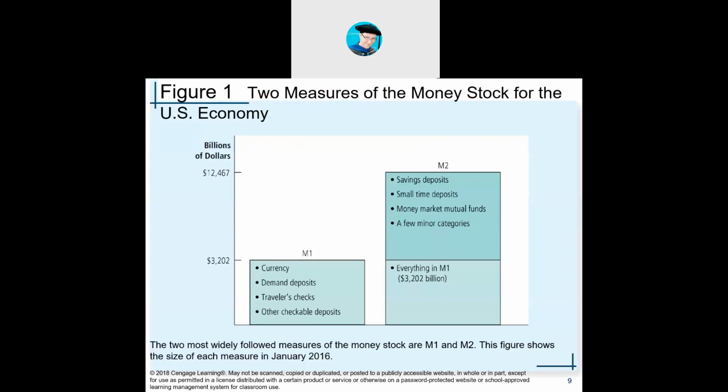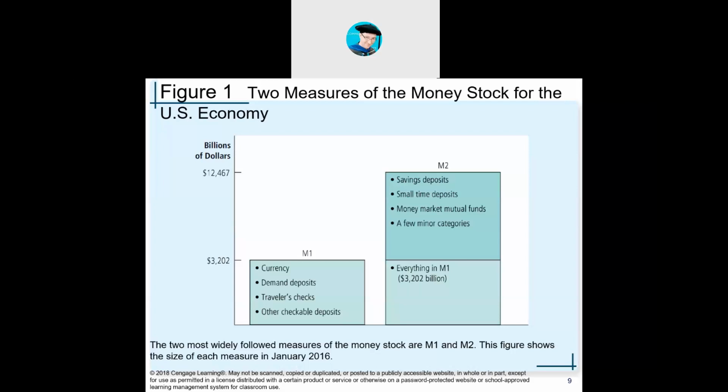So here's an interesting graph, and I like showing this chart because it is a very stark difference. If you look at M1, currency, demand deposits, traveler checks, checkable deposits, this is the physical cash. The physical cash in 2016 represented $3.2 trillion. Interesting.